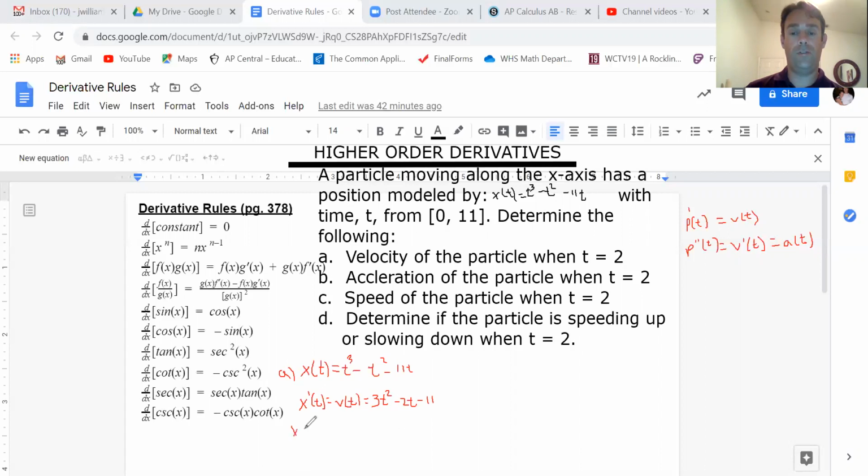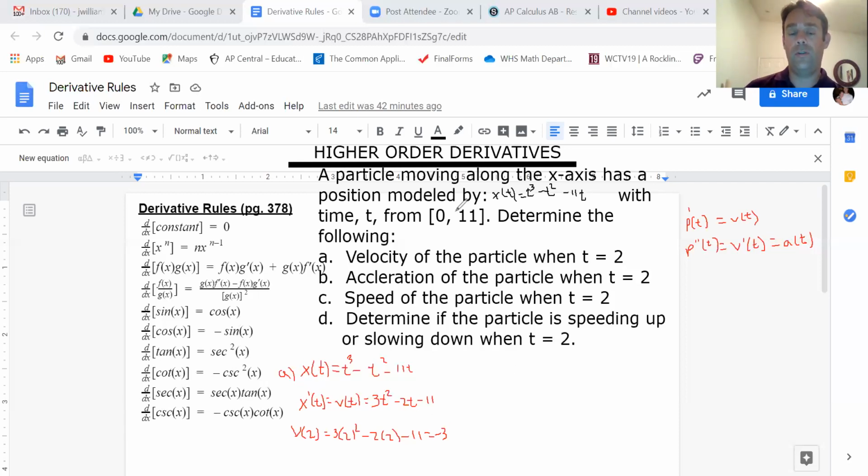So if I plug 2 in for my velocity, I end up with 3 times 2 squared minus 2 times 2 minus 11, which would be negative 3. I got a negative velocity. In other words, my particle is moving backwards along the x-axis. In other words, it's moving towards the left.